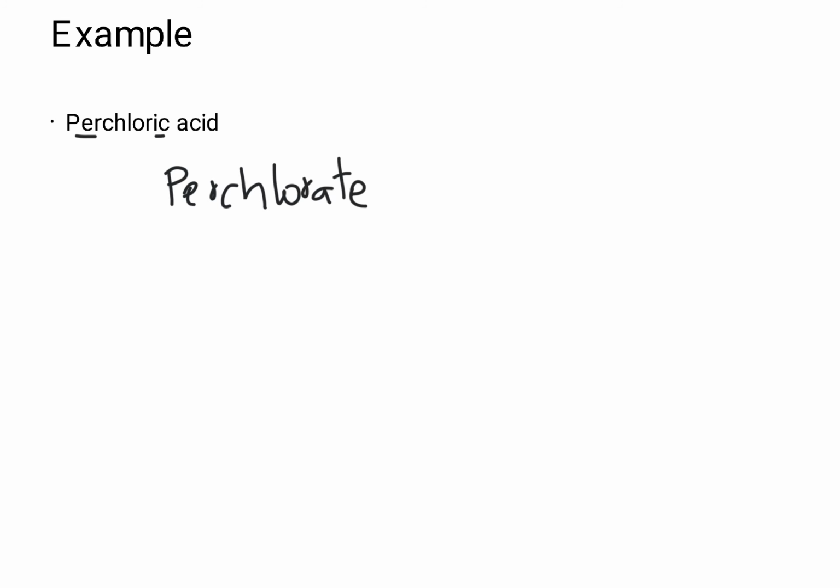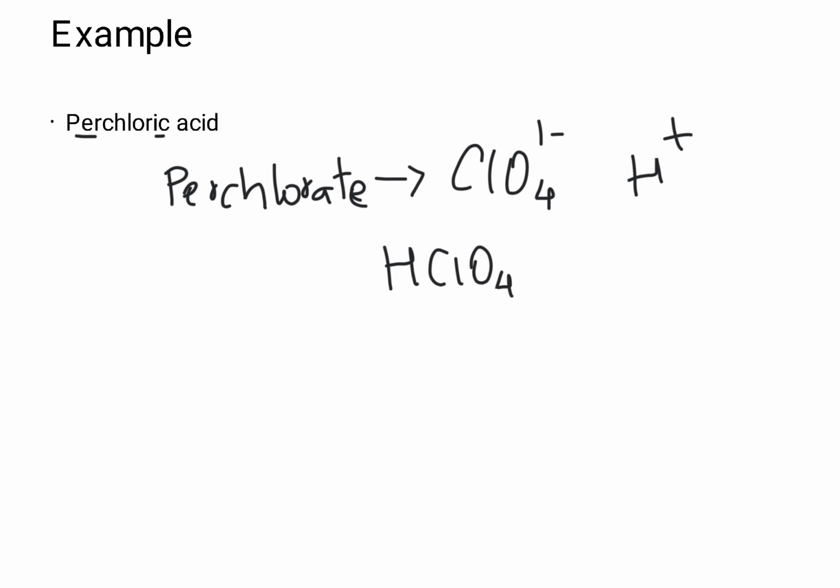Okay, and perchlorate is ClO4 1 negative combining with H positive. Remember, it's H positive because it is an acid, and so in this case, just like the last one, you have 1 negative, 1 positive, and so the formula you should get is HClO4.